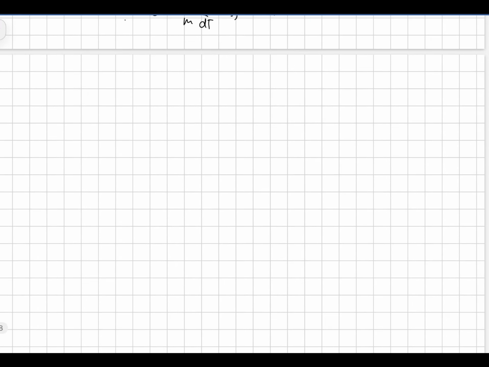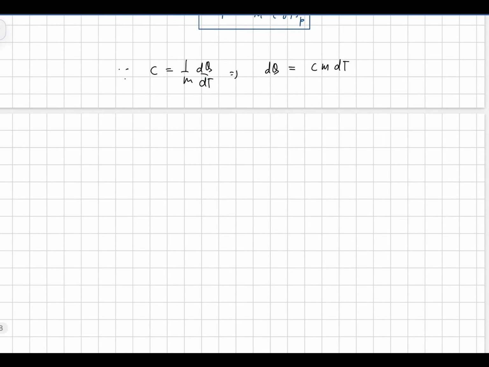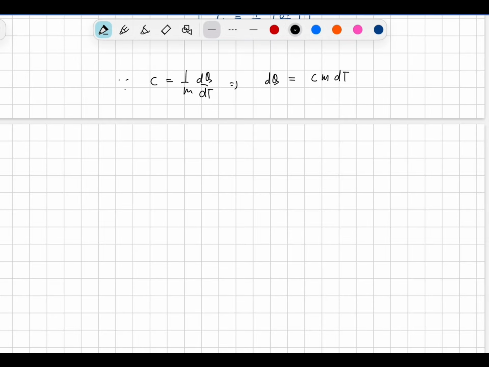The definition of specific heat and heat capacity changes just by the per unit mass. Suppose we are not dealing with per unit mass, but per unit mole. Then in that case the heat capacity will be changed to molar heat capacity.